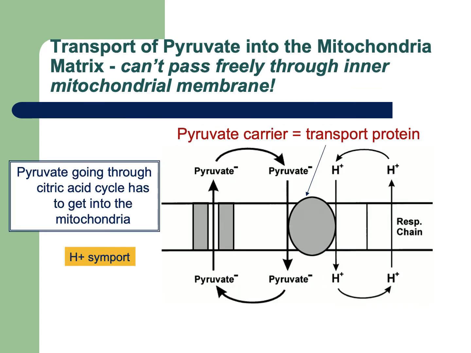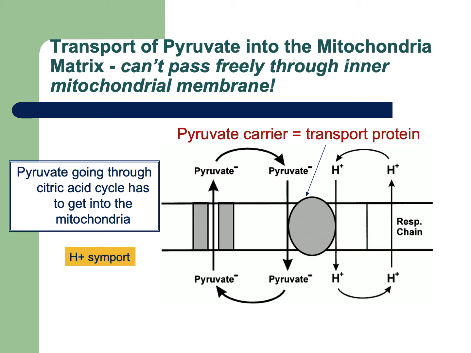On the previous slide, I talked about porins. This allows pyruvate to freely enter from the cytoplasm through the outer mitochondrial membrane. But now we're at the inner mitochondrial membrane, and pyruvate cannot freely pass. It needs a transport protein and a carrier to help it get through this membrane.